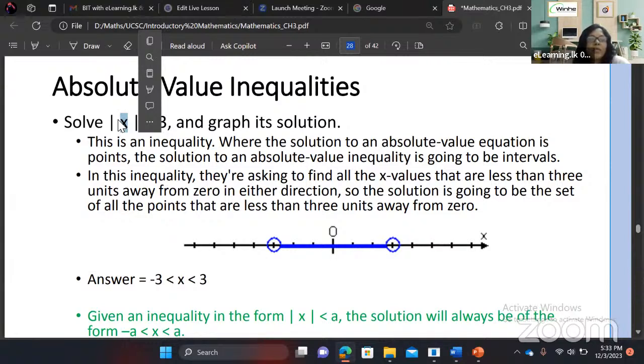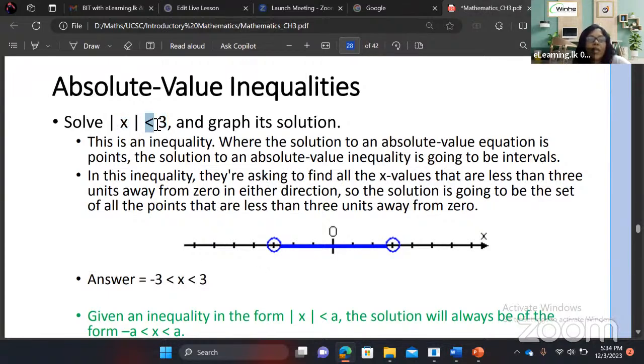The value between the absolute sign can be positive or negative, right? Therefore, if you have something like the absolute value of x less than 3, that means x can be between -3 and +3.